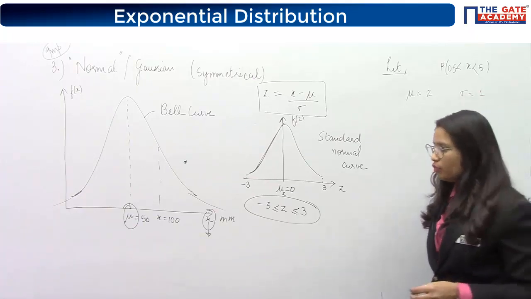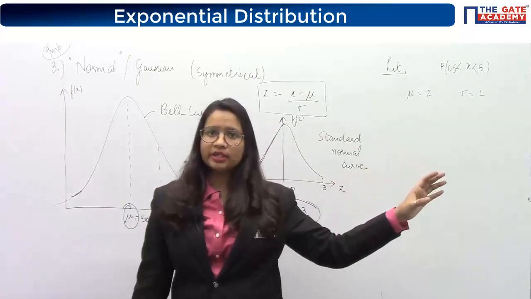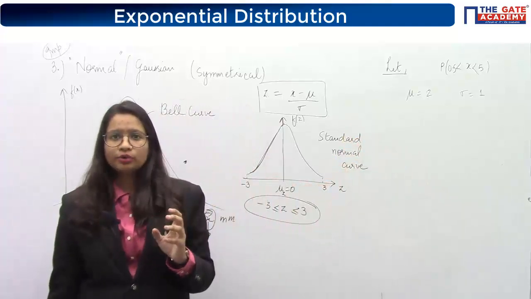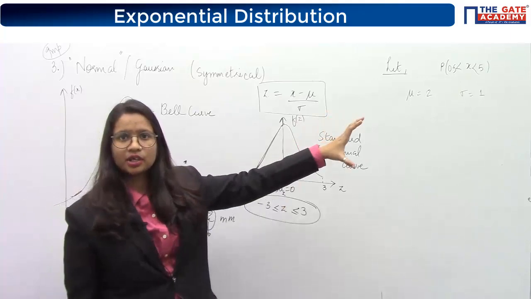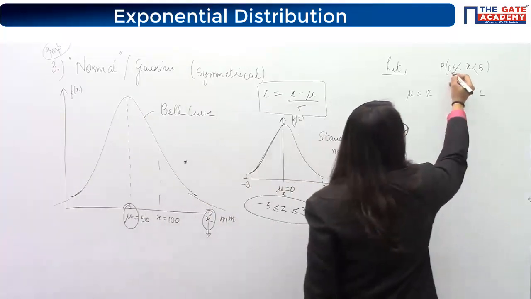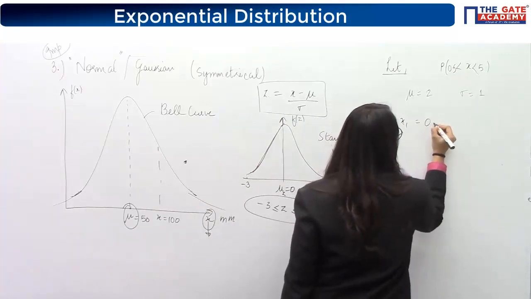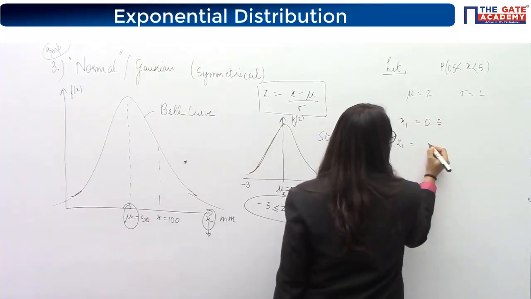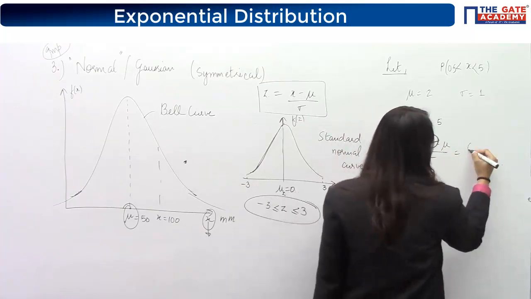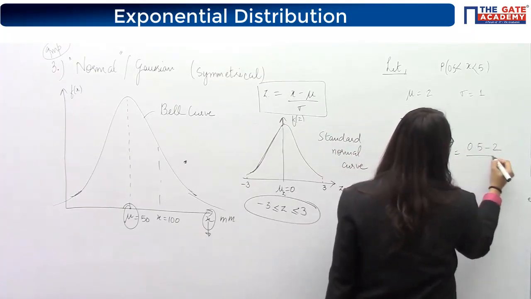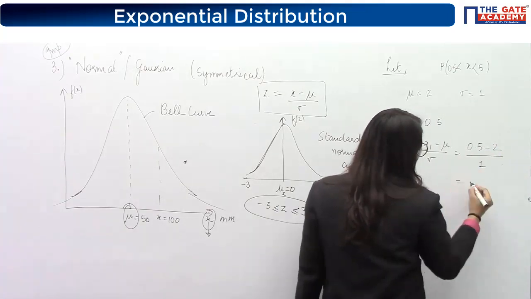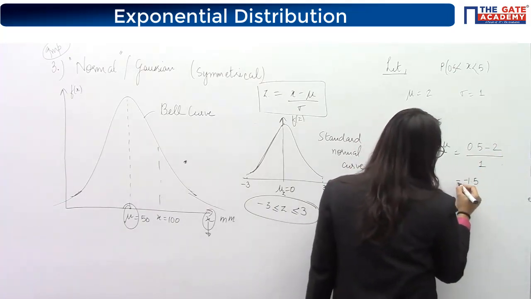Now what you will do, you will just convert this equation into your z equation. How will you convert? You can say that your x1 is 0.5, so z1 will be (x1 minus mu) by sigma. So you will write x1 as 0.5, mu is 2 and sigma is 1. So it is coming out to be 0.5 minus 2, that is minus 1.5.